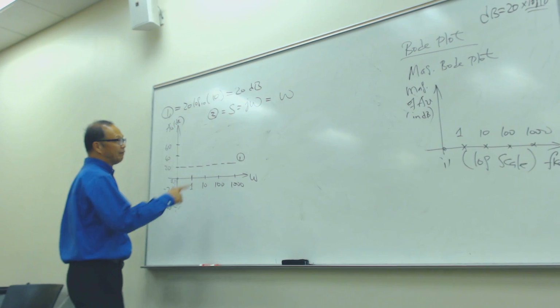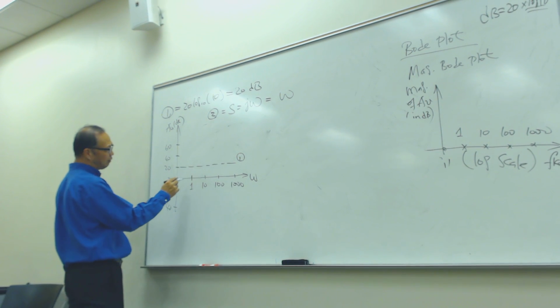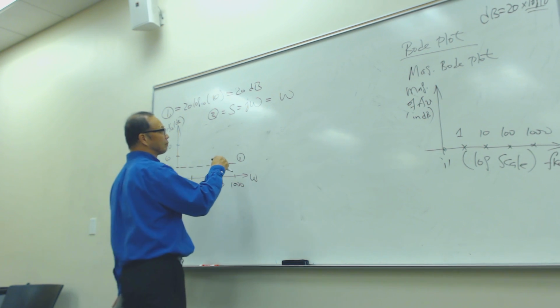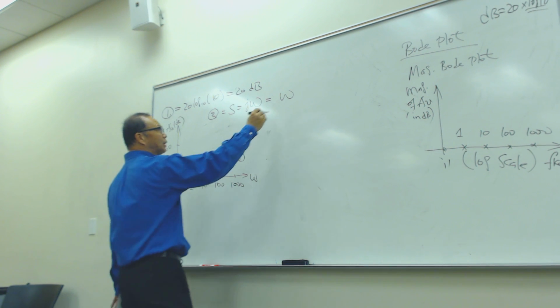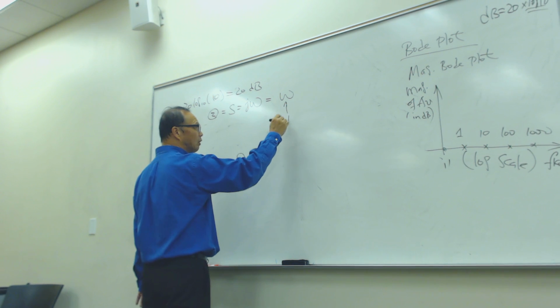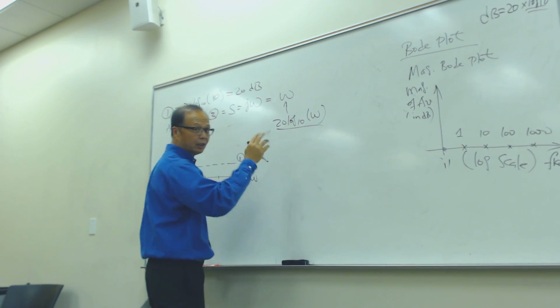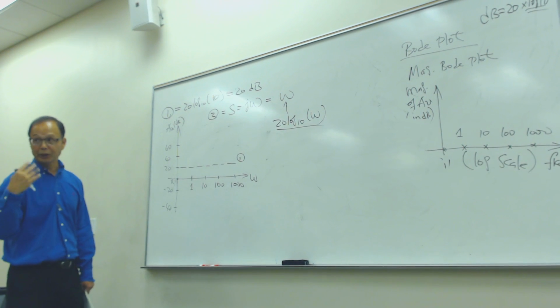Okay, so if it's omega, then at omega equal to 1, what do I get? Actually, this should become 20 log 10 of omega, correct? Because we are taking the value in dB.